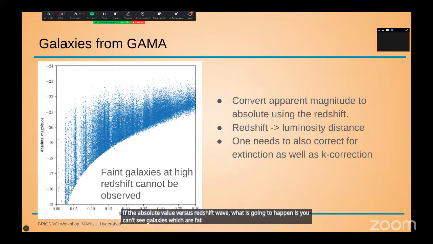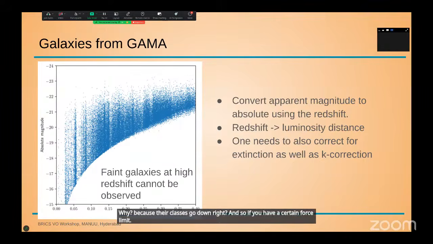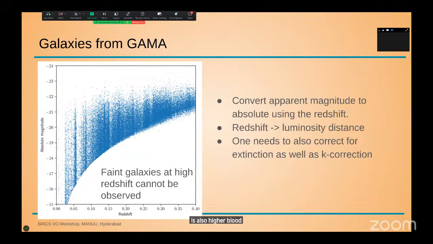So fainter galaxies are down here, brighter galaxies are up here. Fainter galaxies you cannot see at higher redshifts. Why? Because their fluxes go down, right? And so if you have a certain flux limit, you can only observe the brighter galaxies out to higher redshifts. And fainter galaxies you can only observe out to smaller redshifts. That's what you are seeing.